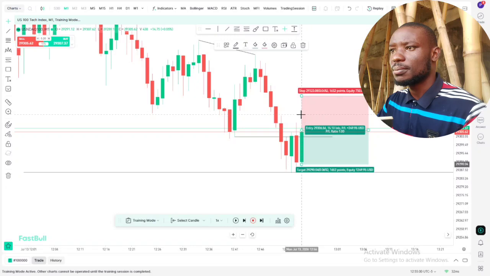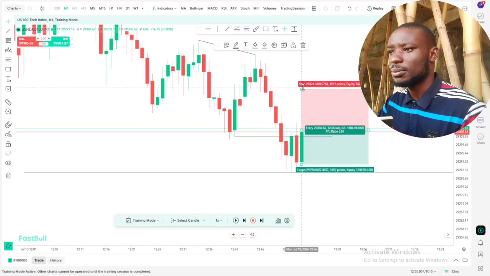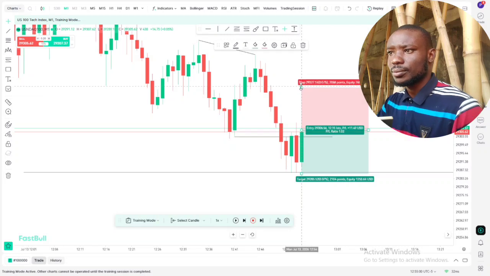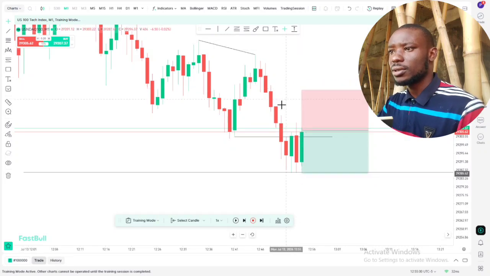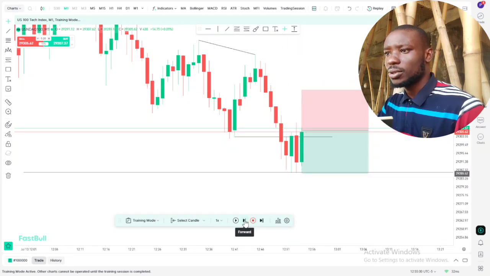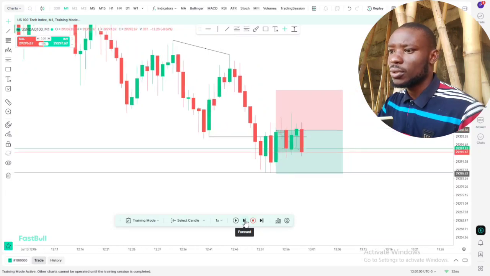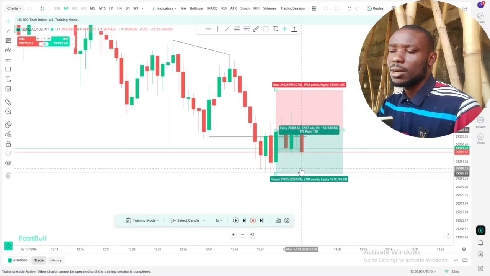My stop loss was, I can't even tell where my stop loss is. Okay, so this was the trade I got in, and it was something like this, I guess. This was where I got into the trade, and market was playing around, and this was 12:59.